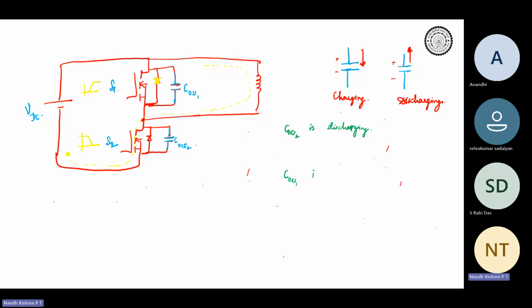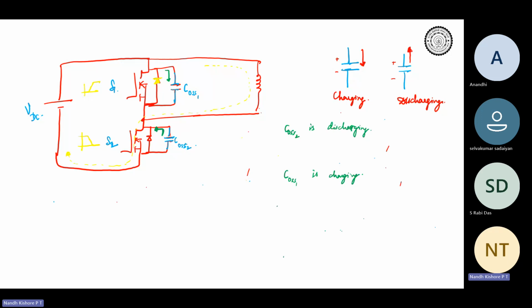COSS1 is charging. Voltage across S1 is rising, voltage across S2 is falling. As I told, voltage across S2 falling means COSS2 is discharging, so the discharging current will come out like this, and the charging current will go in.